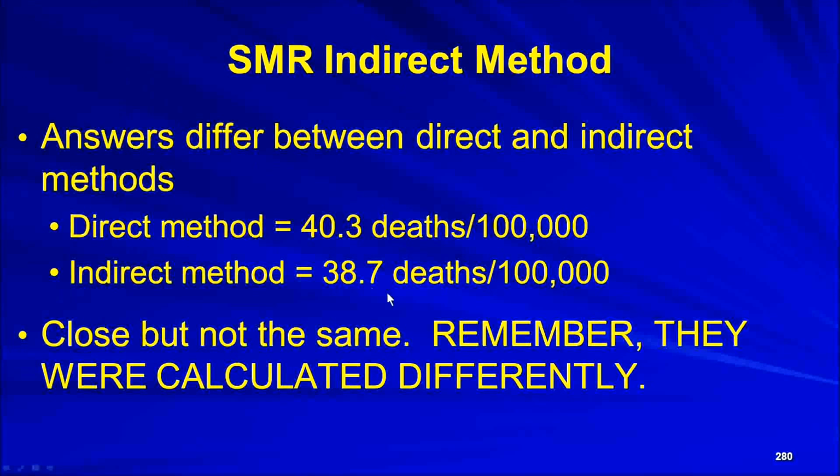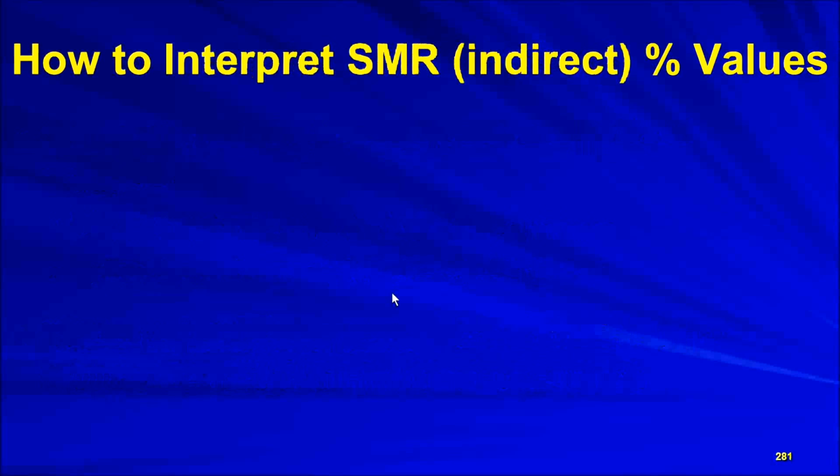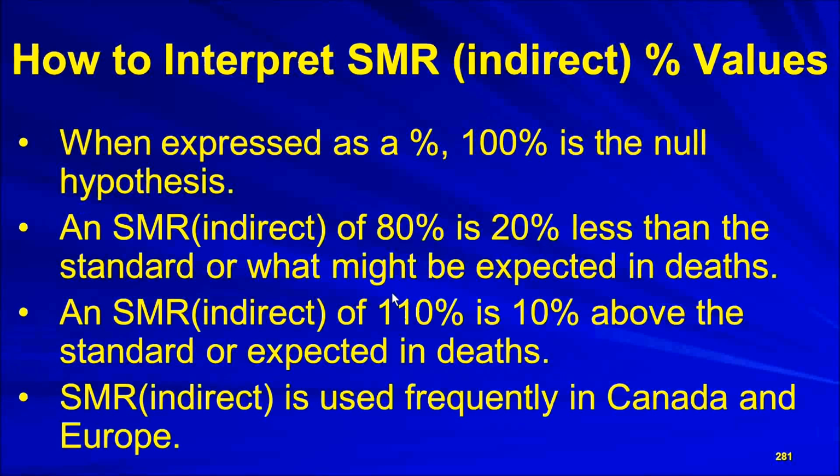You see that right here is less than the expected of the U.S. population, which was, I think, 47.9, if I'm not mistaken, and you can check that value and make certain I'm correct. Okay. Now, people say, well, why do we bother with the SMR indirect?